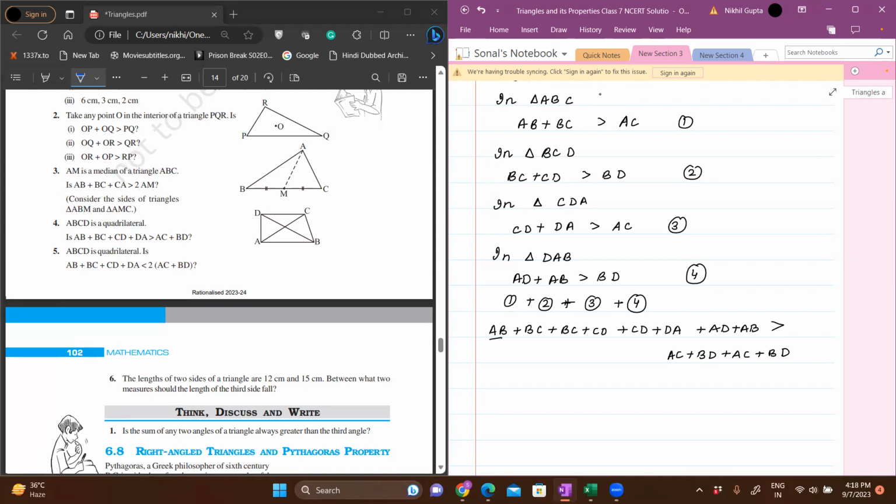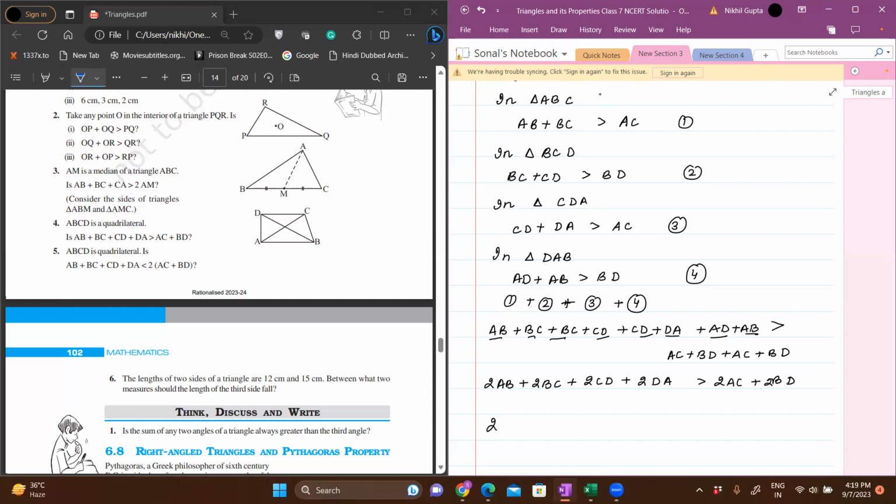Now you can check AB is 2 times, BC is 2 times, CD is 2 times and DA is 2 times. So that will be 2AB plus 2BC plus 2CD plus 2DA is greater than twice of AC plus twice of BD.